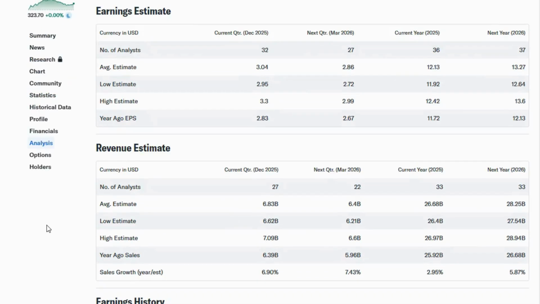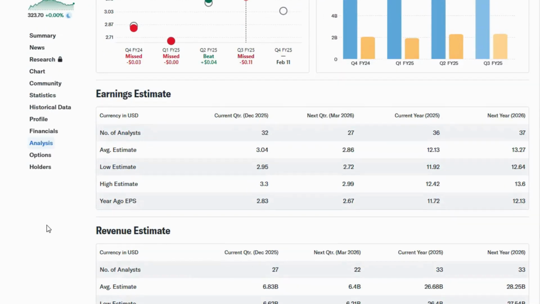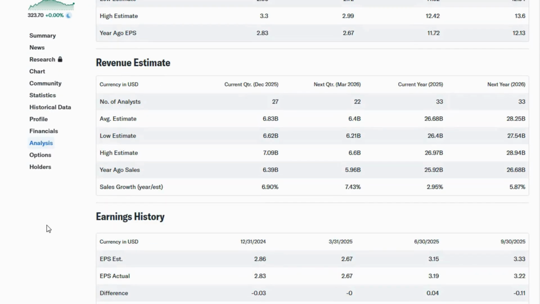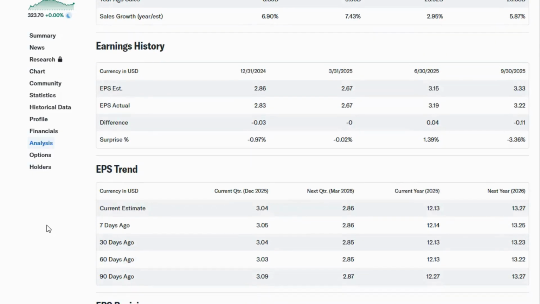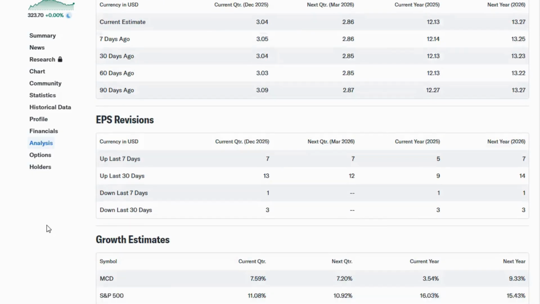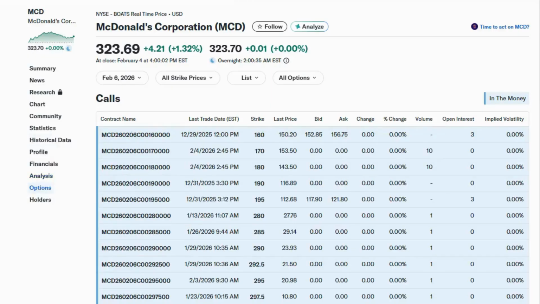You can also see revenue and earnings estimates displayed in bar charts for easier reading. Scroll down to explore earnings estimates, the number of analysts covering the company, revenue estimates, earnings history, EPS trends, EPS revisions, and growth estimates. All of this information is valuable for investors making investment decisions.